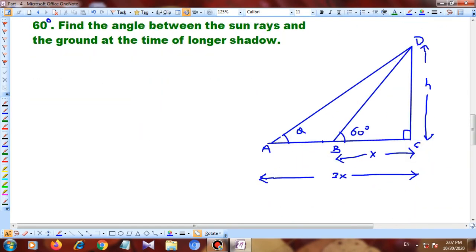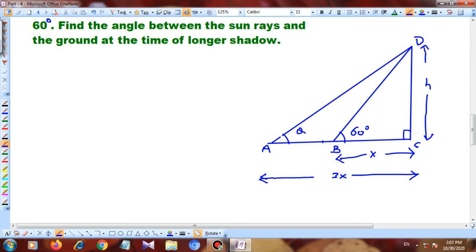So question is this: suppose when the angle is 60 degree, then the shadow of the flagstaff is x. Then what is the angle when the shadow will become 3 times? It means 3 times means this is 3x.